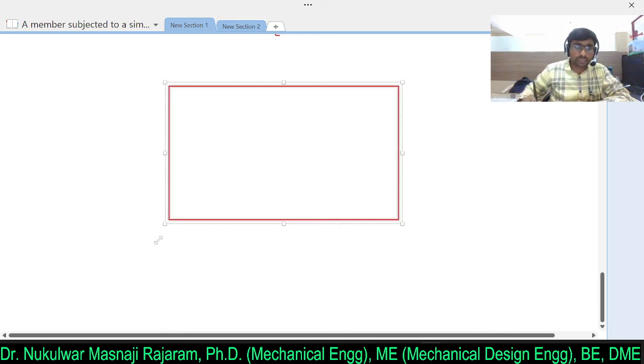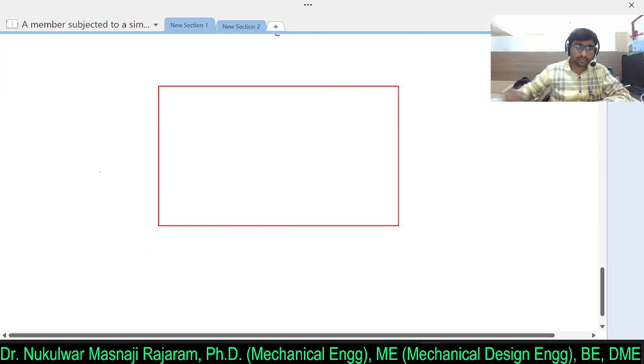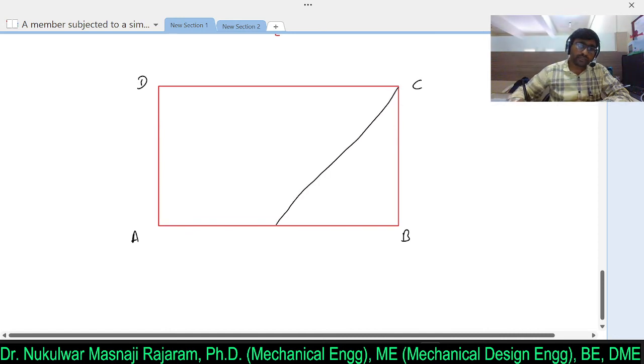So this is A, this is A, B, C and D, and on this plane, if I consider the plane FC, then here I can redraw the diagram.